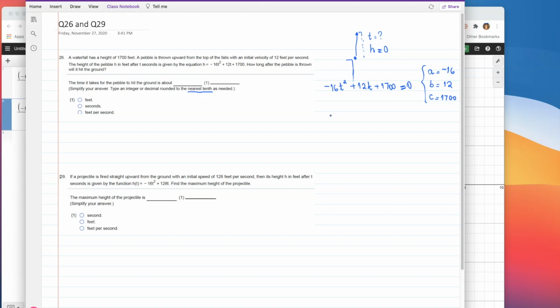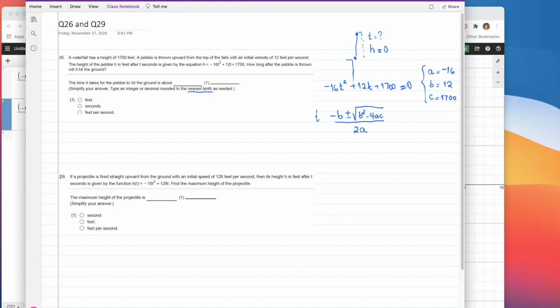And then you use the formula: minus b, plus or minus the square root of b squared minus 4ac, and all of this divided by 2a.